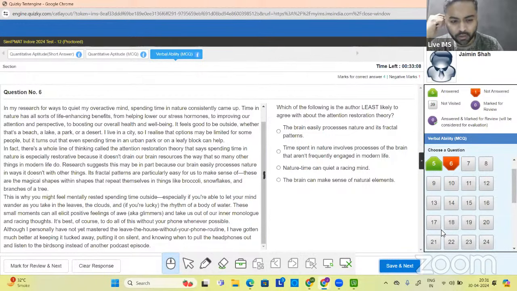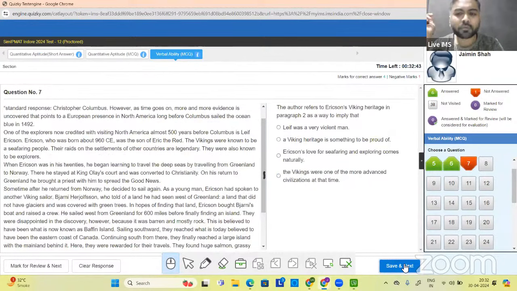The brain can make sense of natural elements. Least likely to agree. It could be B or C. Chalo, let me go ahead with B. C, sorry. Yeah. Next one. Okay. Next passage.